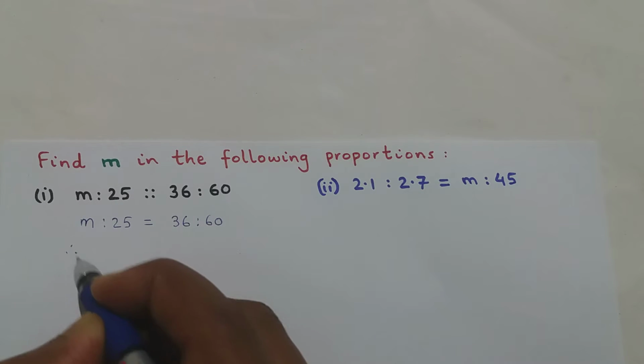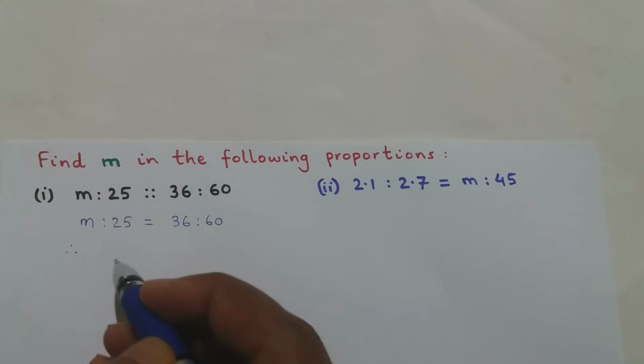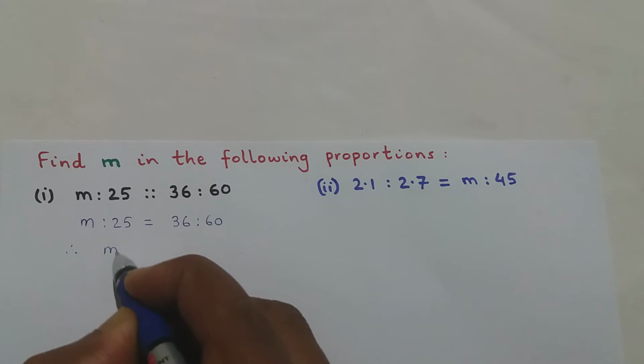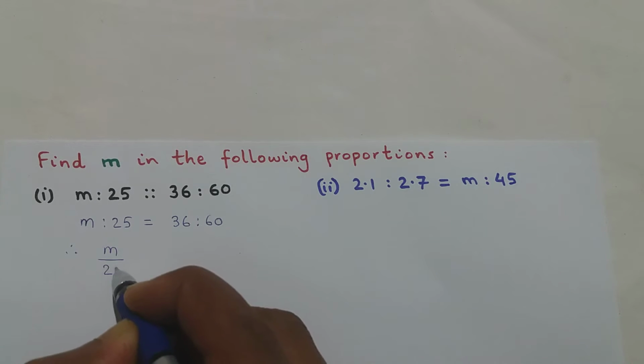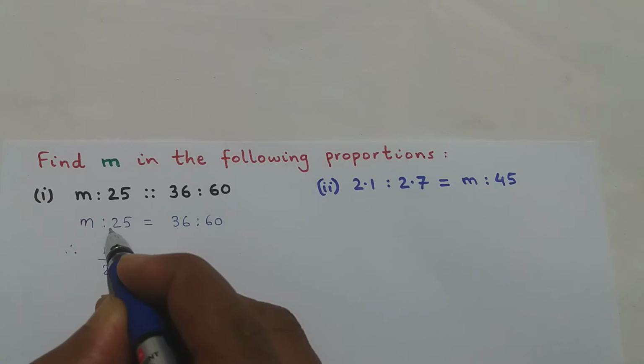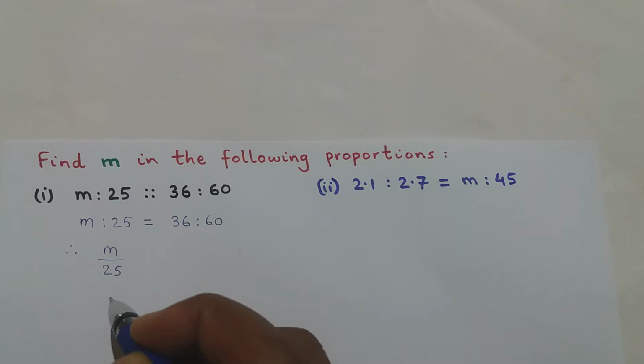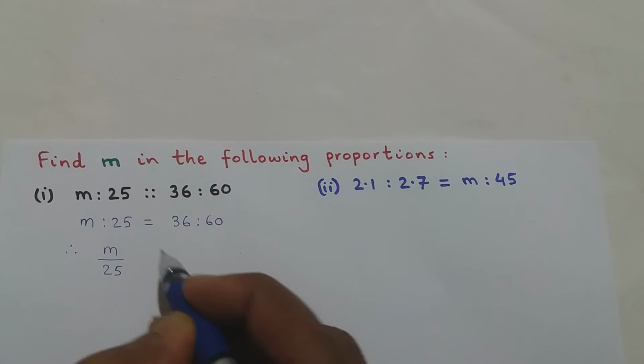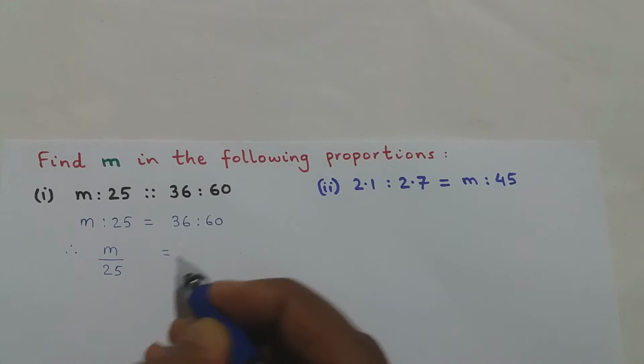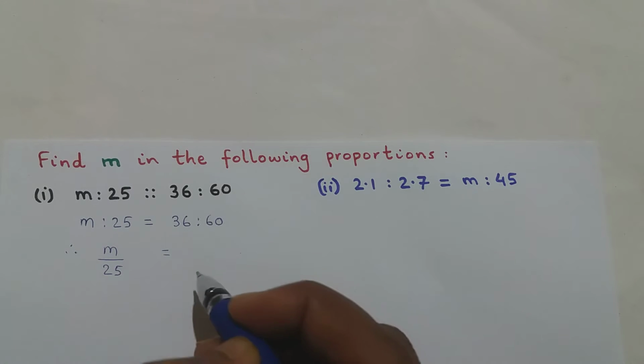Now m is to 25, I can write as m upon 25, that is equal to 36 is to 60.